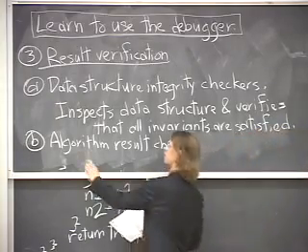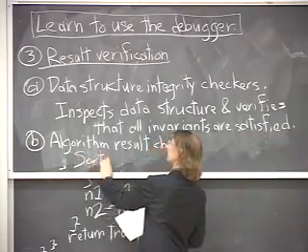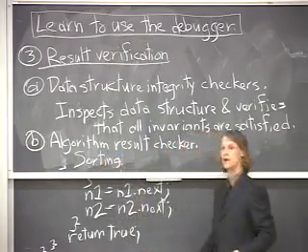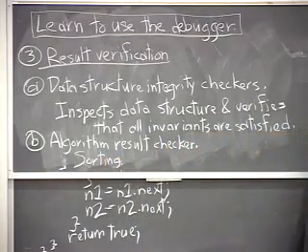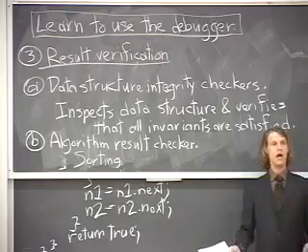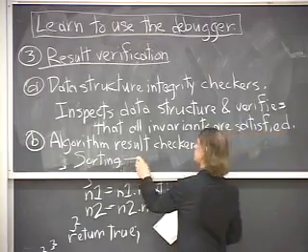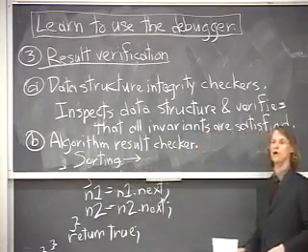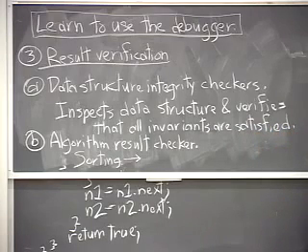Suppose you have a sorting algorithm. Later this semester, we're going to spend 5 lectures on sorting algorithms. So you sort a bunch of numbers in order. After you've done that, you can check whether your sorting algorithm worked by walking through the array of numbers and making sure that each number in the sequence is less than or equal to the number after it.